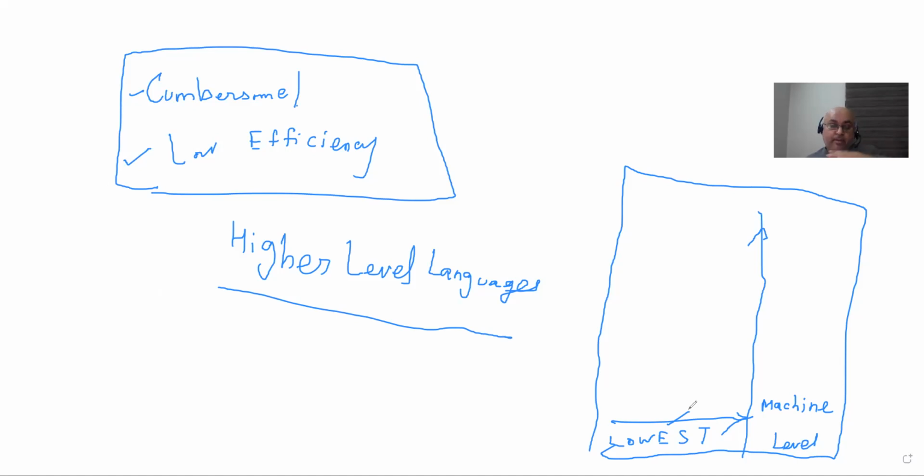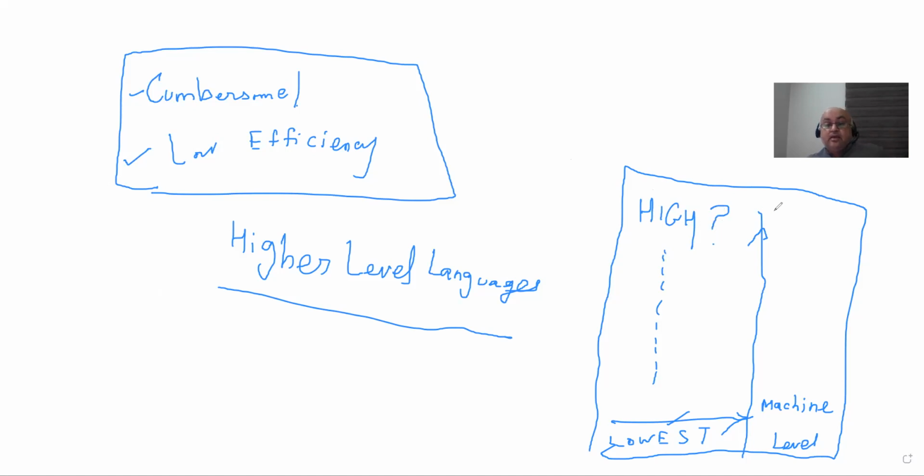Why is it low? Because the yardstick, the fundamental mechanism to assess the level of a language is this. And as you could guess, what is the highest, or at least high level, as you move up the levels of computer languages? What is a high level language?